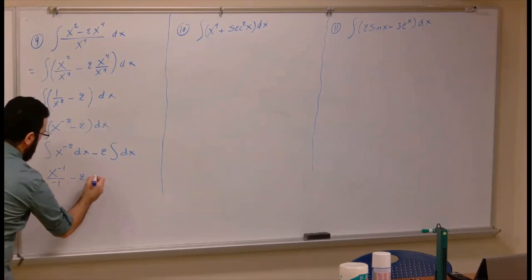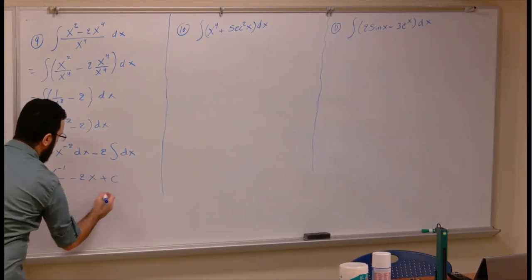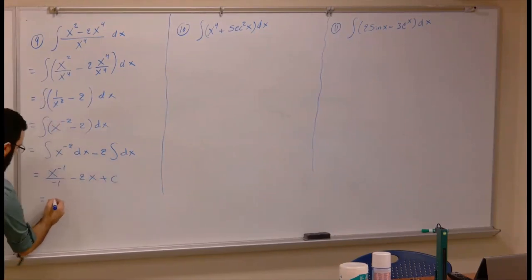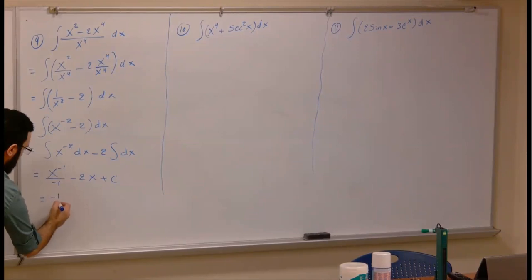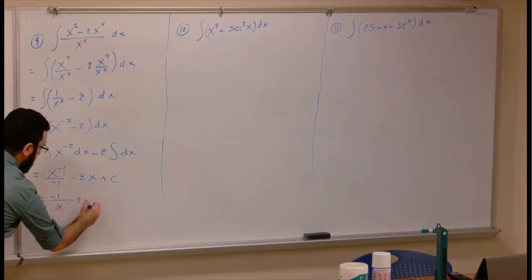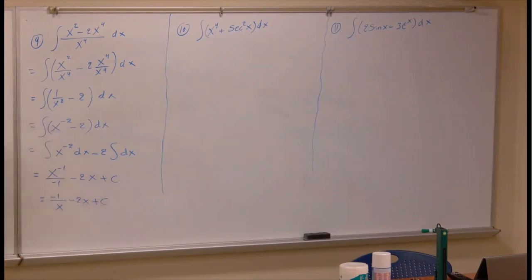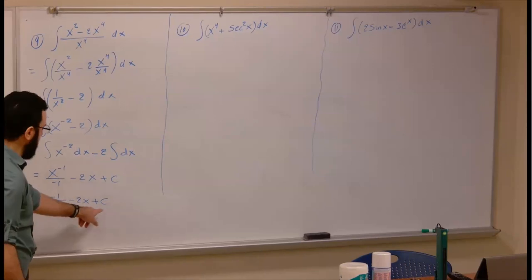The integral is going to be x plus c. That means it's going to be negative 1 over x minus 2x plus c. Because negative 1, bring down the x to the bottom, so it's going to be negative 1 over x minus 2x plus c.